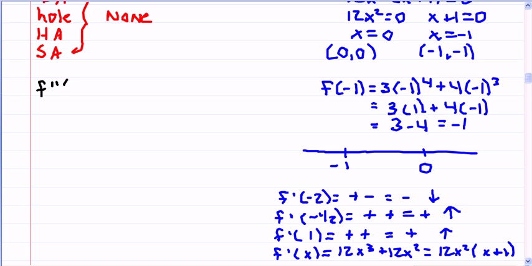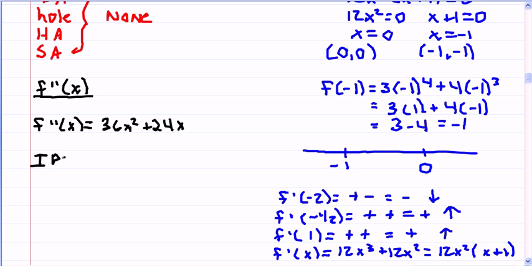So before we put this on the graph, let's find the second derivative and see if there are any inflection points. And the second derivative is 36x^2 + 24x. And to find the inflection points, I set this equal to 0.